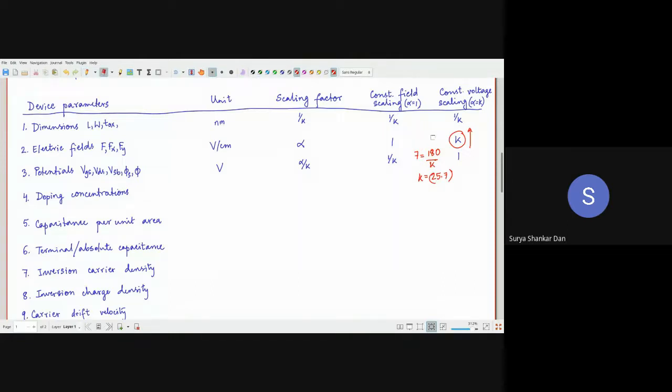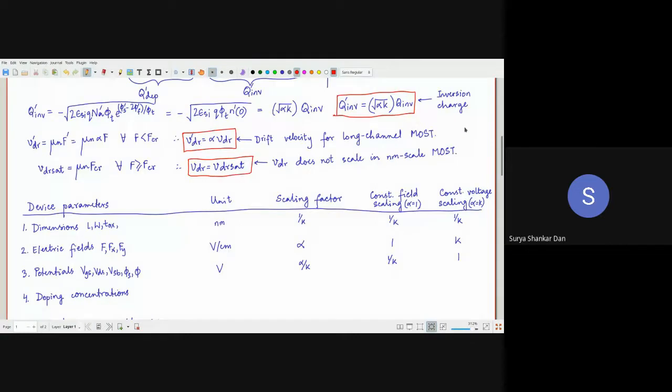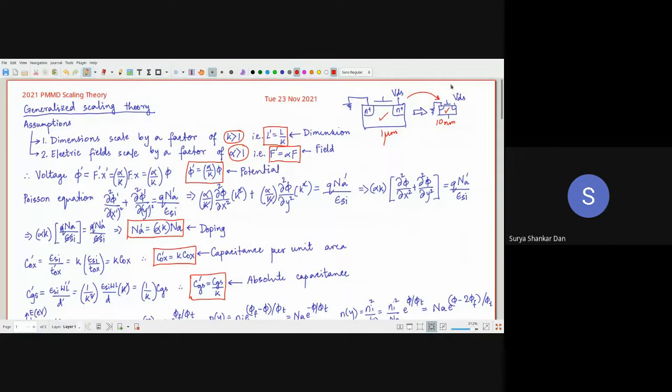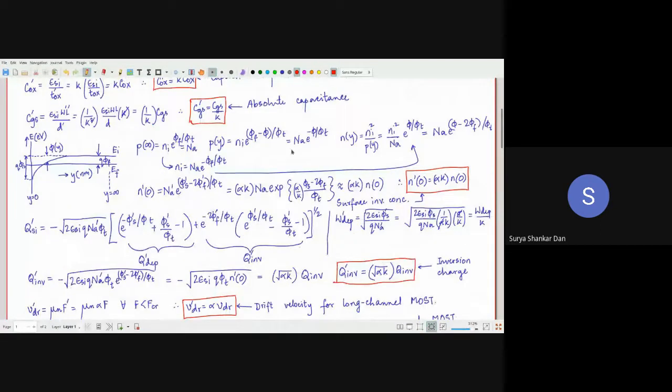Okay, and that is the reason why we cannot apply the same electric field when we are going for the downscaling of the device. So the approach that you have to always take, in fact, industry takes that, is that instead of keeping the voltages, the terminal potentials, the same, what people will be looking for is to try to keep the field the same.